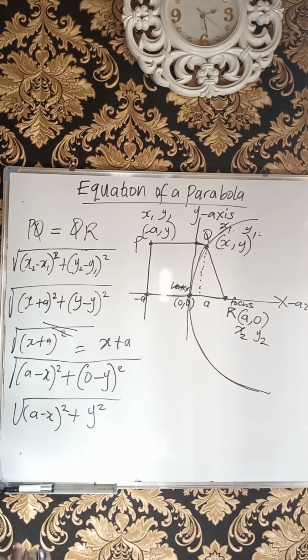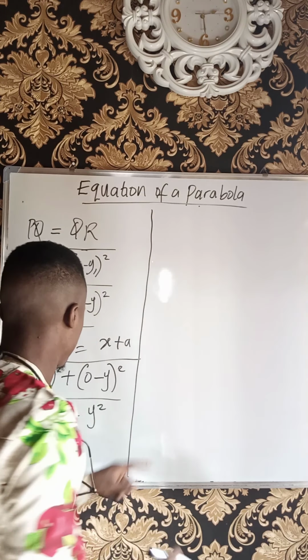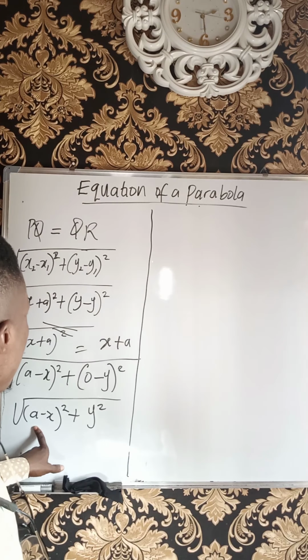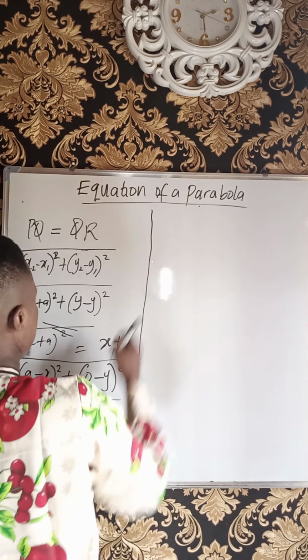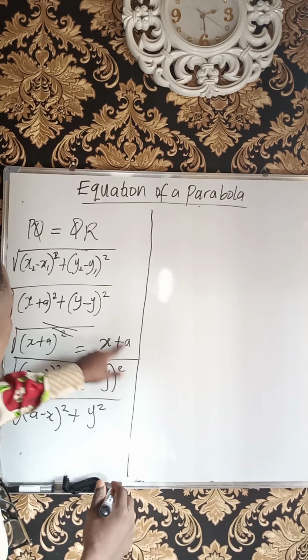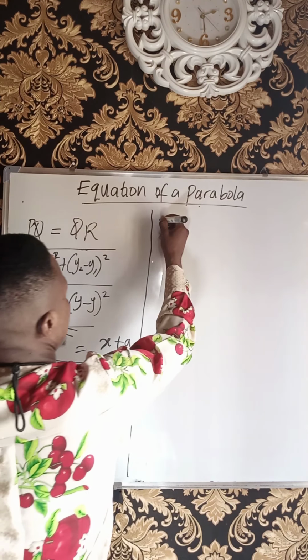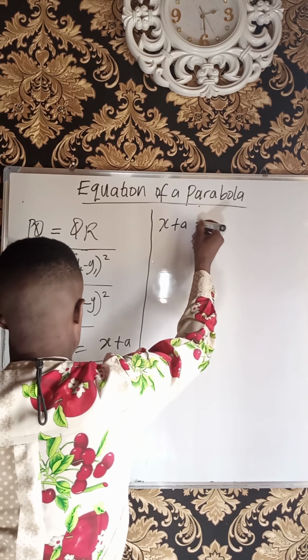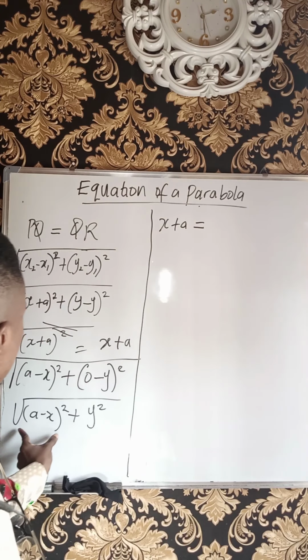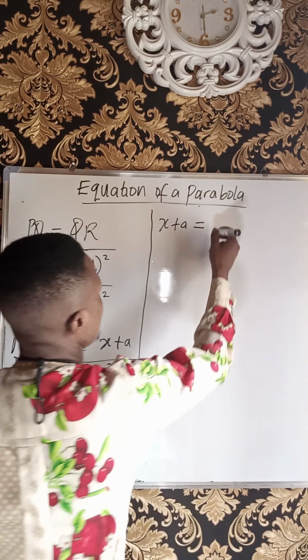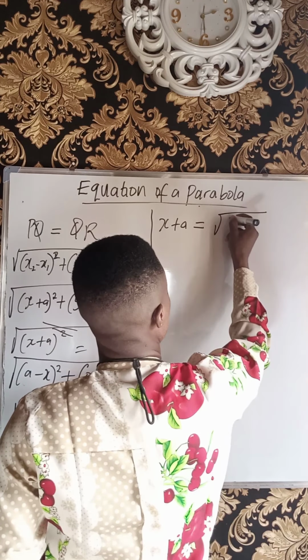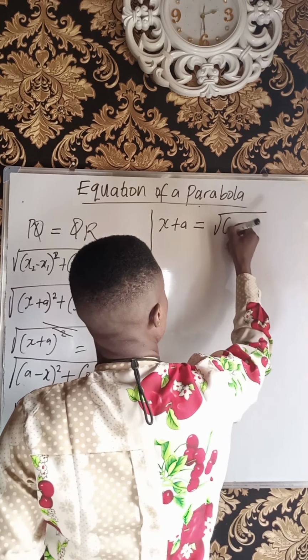So I can now expand the bracket. So we continue from here. Hence the first one, we got x plus a as PQ, so write x plus a as PQ equals this as QR, equals square root of a minus x all squared plus y squared.